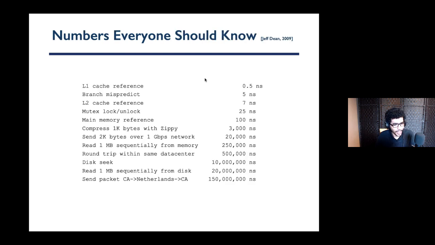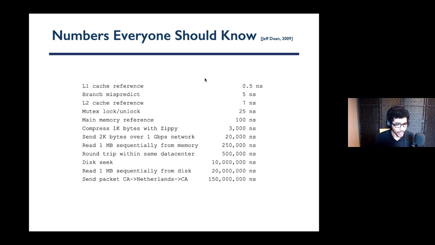These are the numbers that any computer engineer should know or have a sense about. You don't need to really know exactly these numbers, but you have to have a sense about the order of magnitude that these numbers are different. So if you want to access your L1 cache, it's going to take 0.5 nanosecond, the first one.